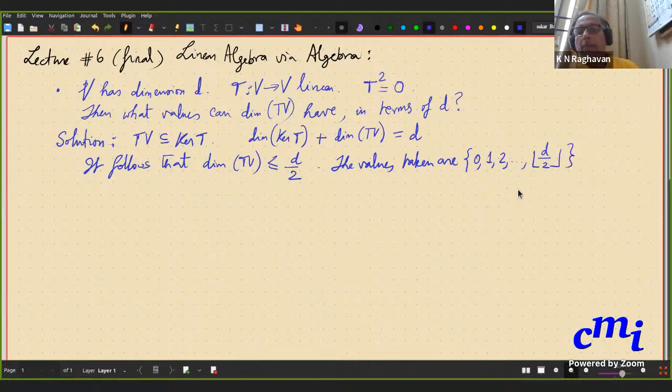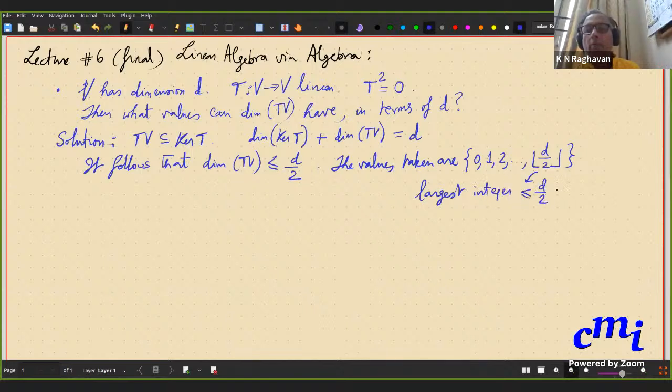This indicates the floor, the largest integer less than or equal to D by 2. Okay. So these are the values taken.